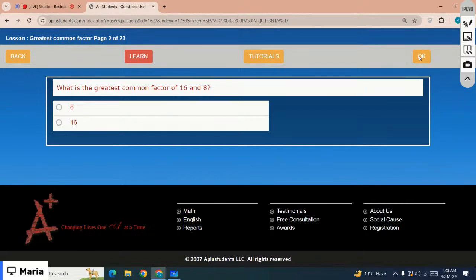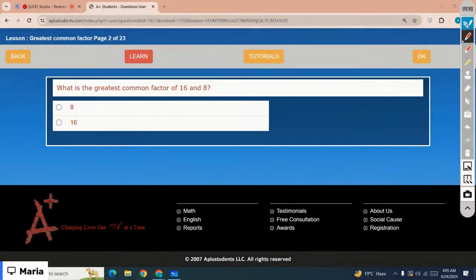What is the greatest common factor of 16 and 8? You have to do the same thing. Just write down the prime factors of 8 and 16.